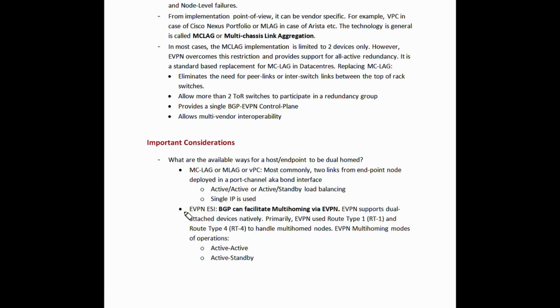The other method for multi-homing is BGP EVPN, also called EVPN ESI, which stands for Ethernet Segment Identifier. It's very important to note that BGP can facilitate multi-homing natively via EVPN, and EVPN primarily uses route type 1 and route type 4 to handle multi-homed devices. And like in MLAG or MCLAG, EVPN multi-homing supports two modes.